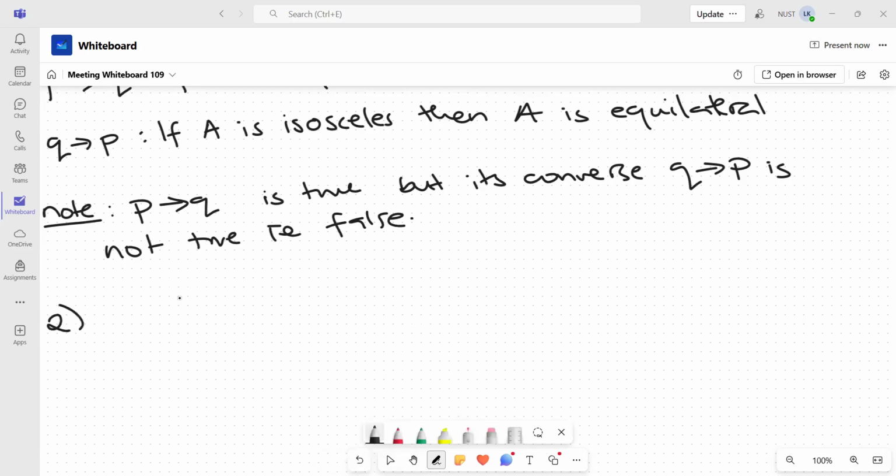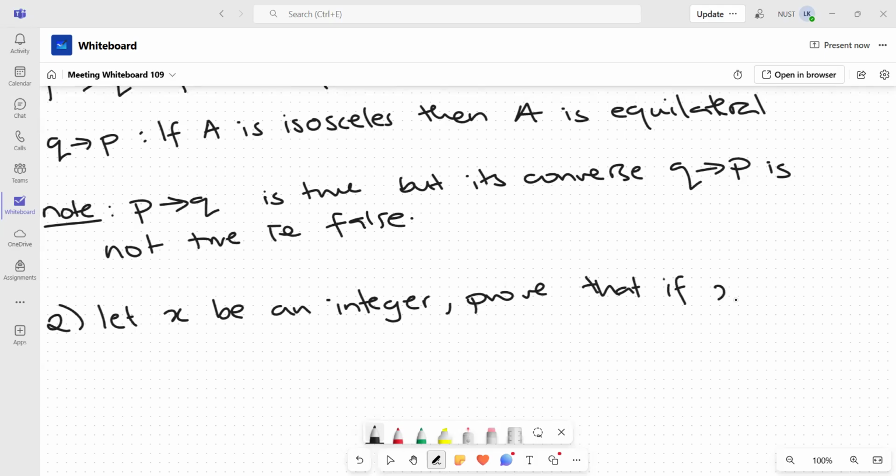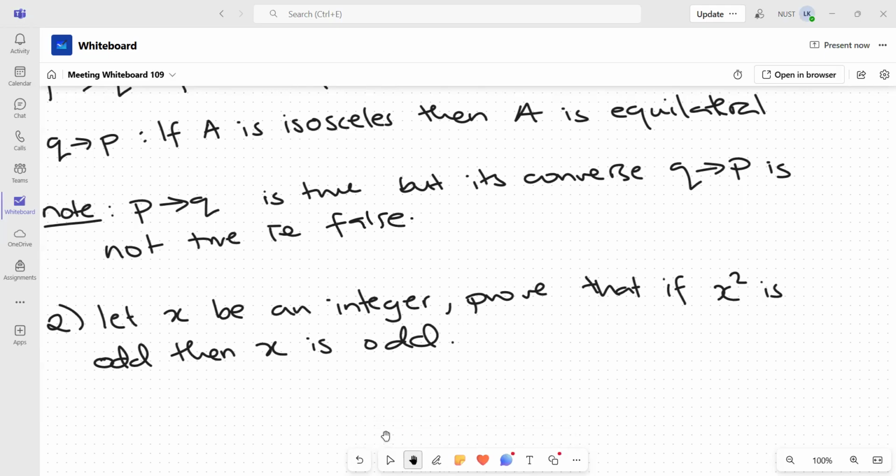For example, here we say let x be an integer. How do we prove that if x squared is odd, then x is odd? Okay, so here is a question.